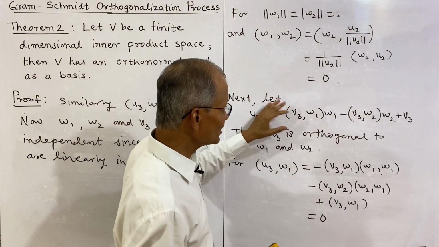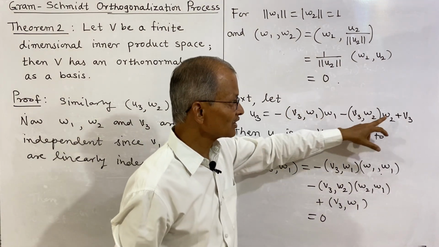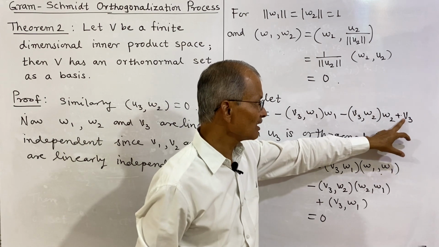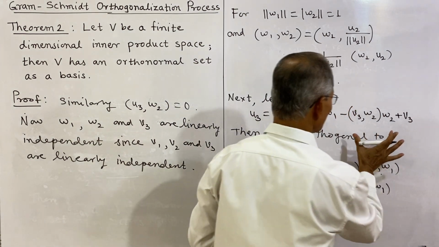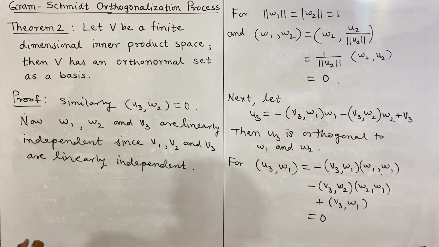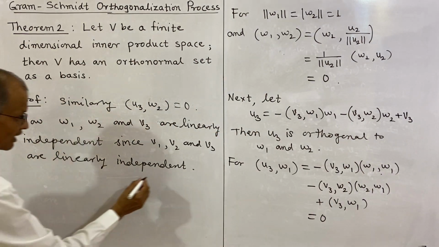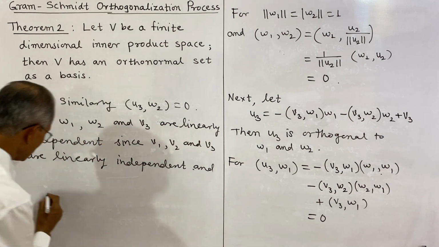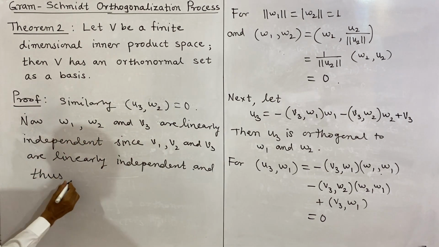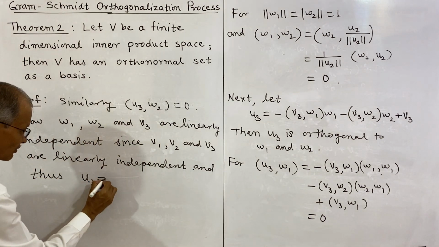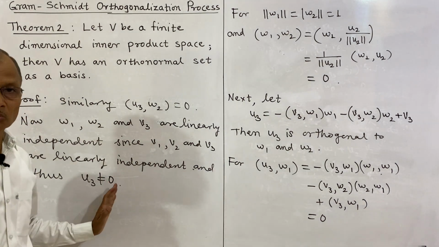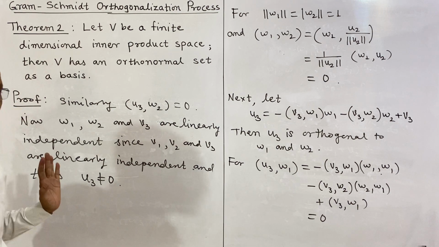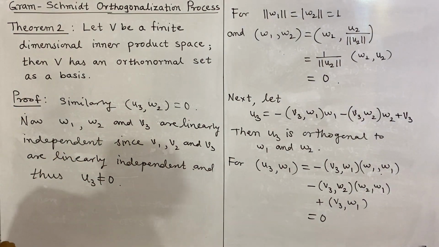If their combination is equal to 0, then each must be 0, but the last scalar is 1, it cannot be 0, and thus this combination must not be 0, and thus U3 is not equal to 0. So every time we are proving these vectors, U2 is not equal to 0, now here U3 is not equal to 0. Now we will take the vector W3.